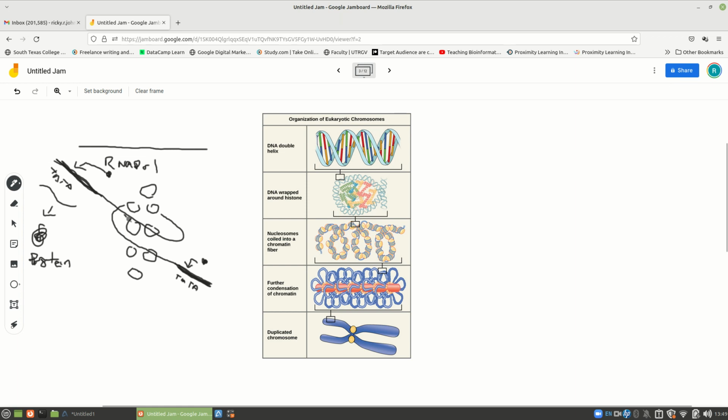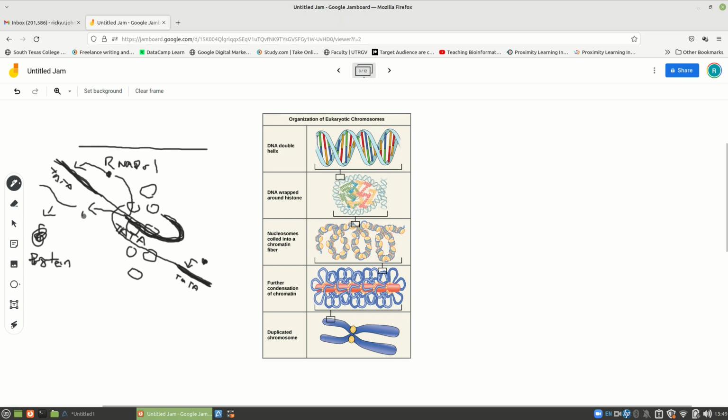But let's say there's a gene that's in this area, and it's wrapped around the nucleosome. Well, that means if there is a TATA here, it's already stuck to some proteins. It's stuck to these histone proteins. And if RNA polymerase wants to go here, it can't.